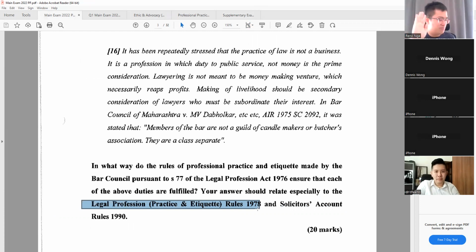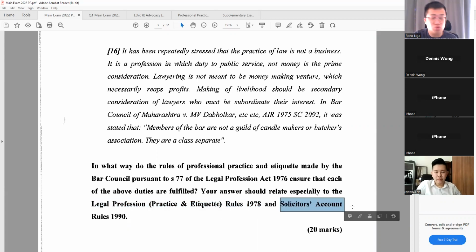For the money part, I will mention Rule 3, Rule 4, Rule 5, Rule 6 to say we shouldn't consider money first. We should consider whether we can take the case, handle the case independently, and whether it affects our independence. And then for SAR, I will talk about Rule 3 and Rule 7, which means the money should go to the client's account. You shouldn't misuse the client's money.